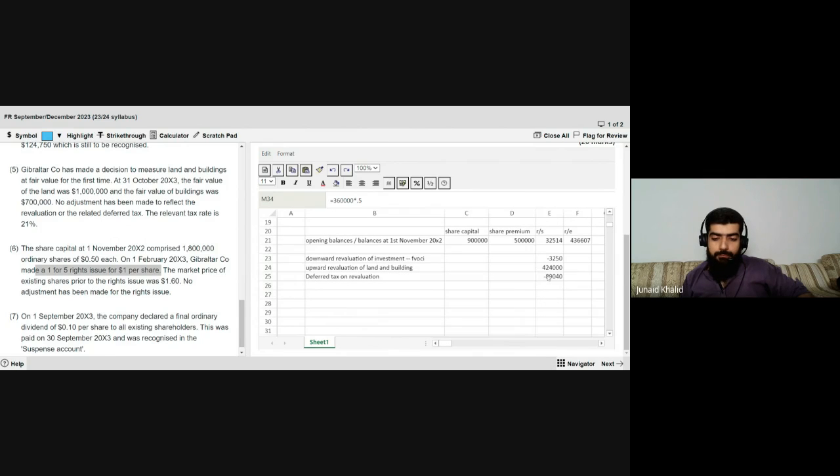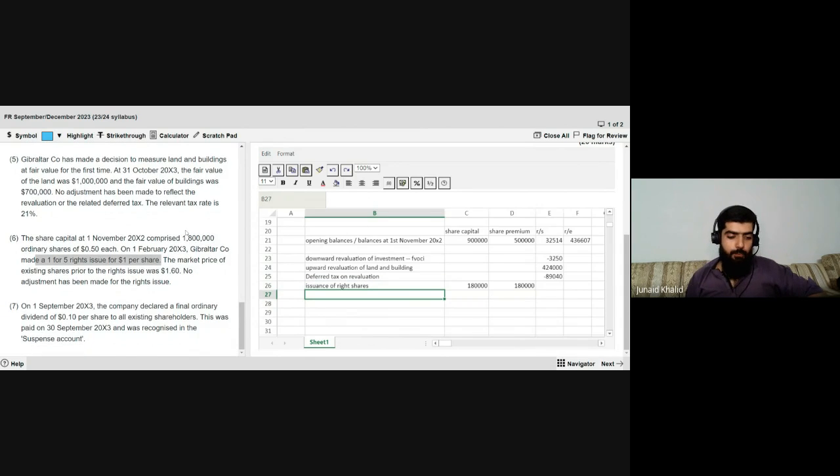M34 is for share capital, and for share premium it is M35. That is the issuance of right shares. Is it clear now?